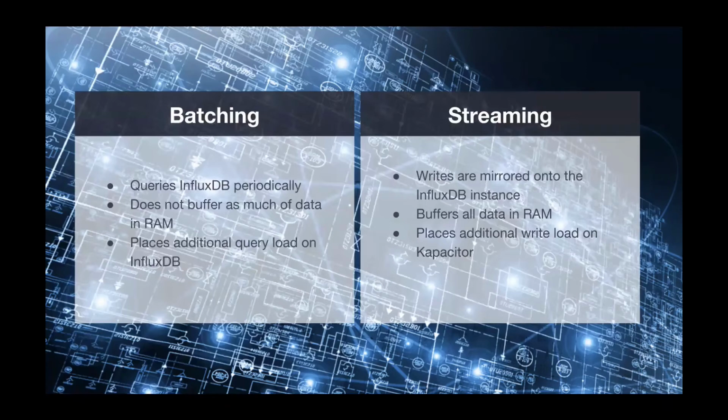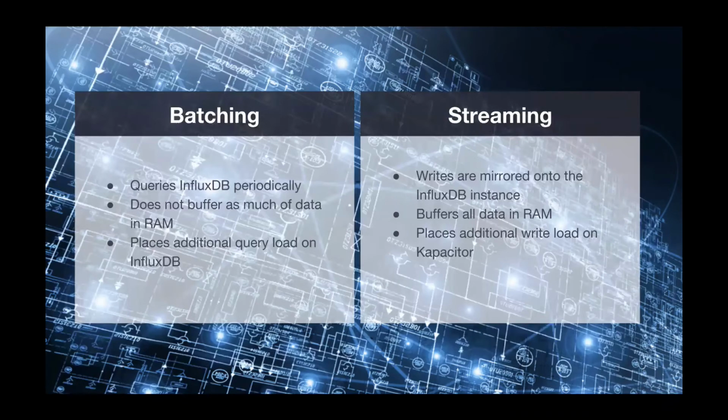And we see a lot of people using batch tasks specifically with downsampling because you're usually trying to perform an aggregate function on your data. If you're taking a 5-minute window of data and you just want to grab the average or the maximum of that, running a batch task for that is a great way to achieve that.